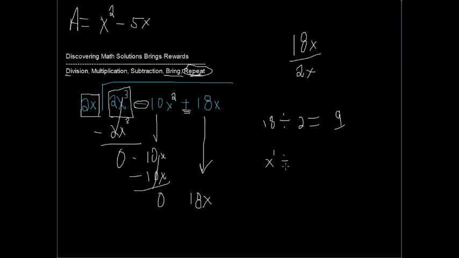And like we've said numerous times now, when you're dividing exponents, you subtract them. So we get x to the first minus the first exponent, which makes it cancel out, which means X does not exist in this section anymore. So we end up with just 9. Positive 9, mind you.